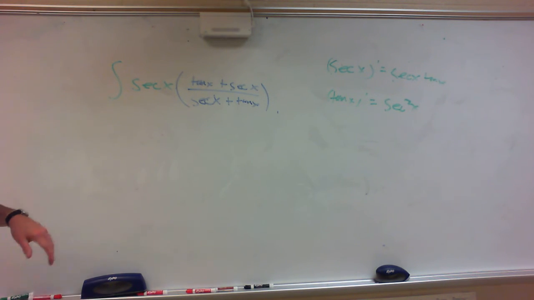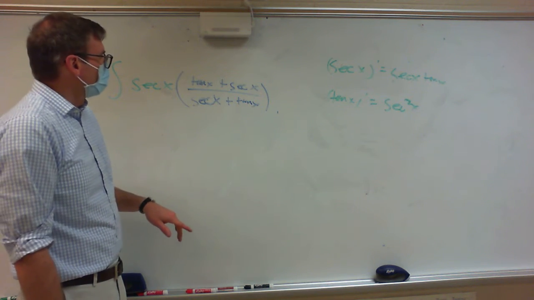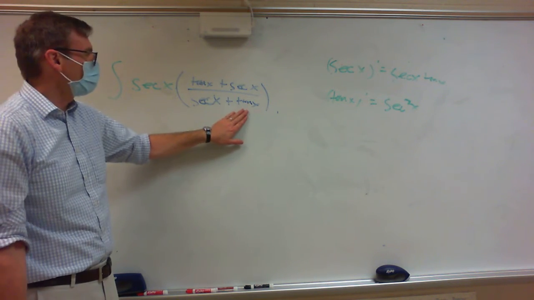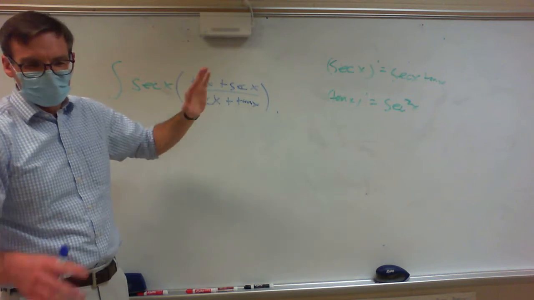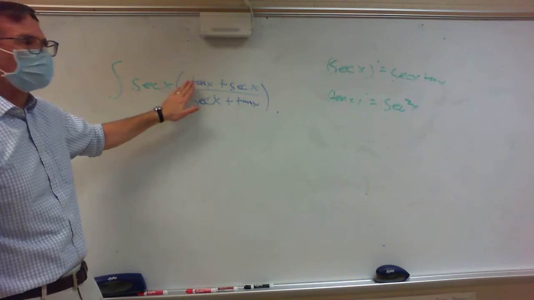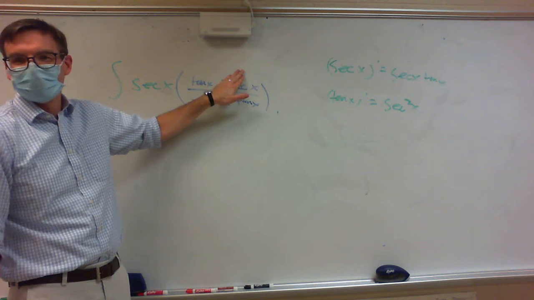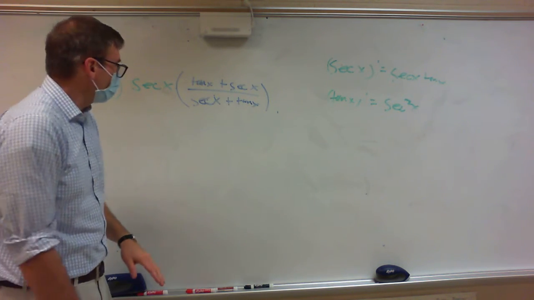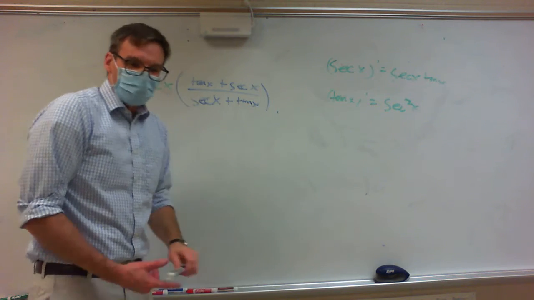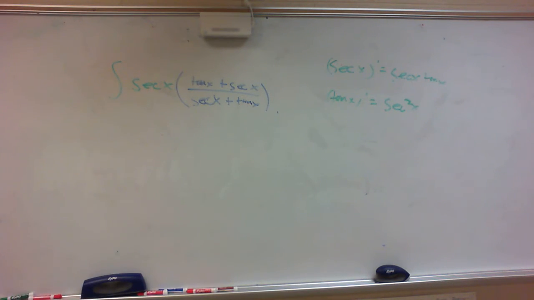So I want everyone to write that down. Secant x plus tangent x on the bottom. You could say secant x plus tangent x on top, but to prove the point, it'll make it easier for you. We're okay that tangent x plus secant x is the same thing as secant x plus tangent x. All right. So now, let's distribute.